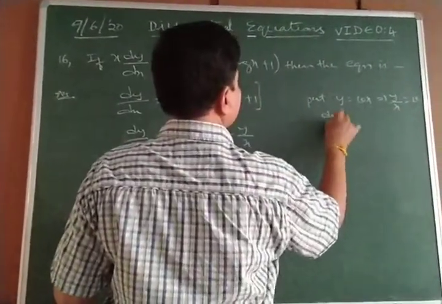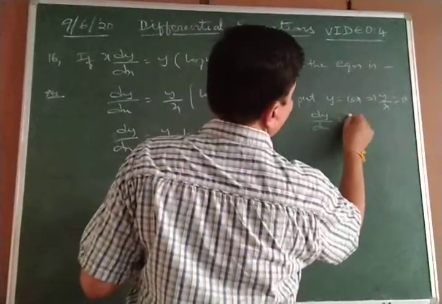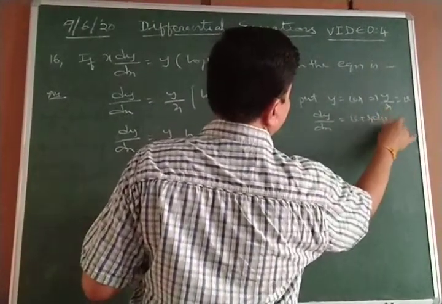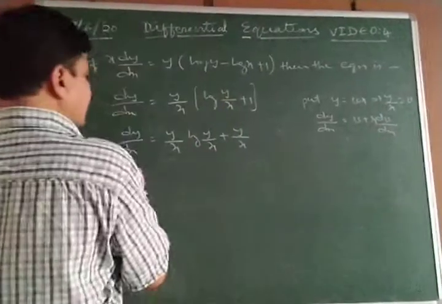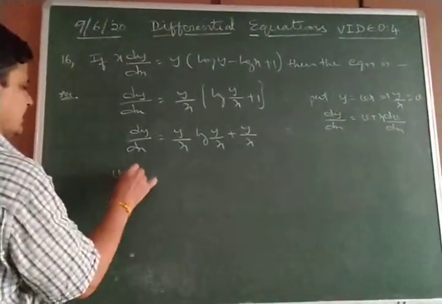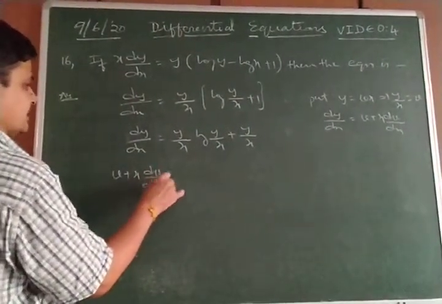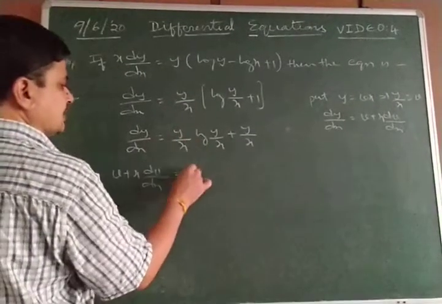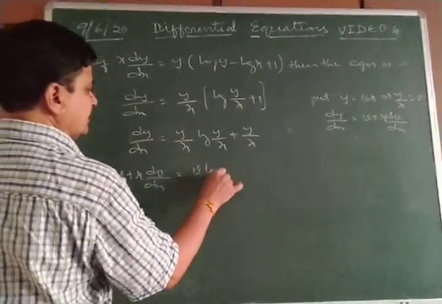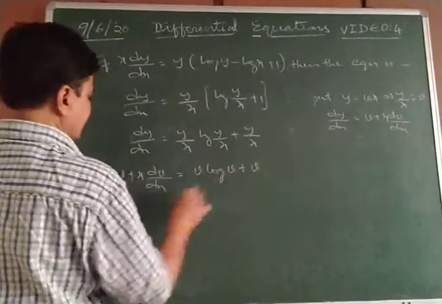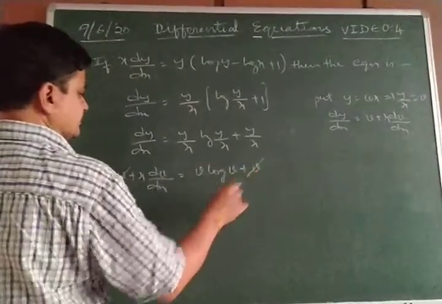Applying the derivative on both sides, dy/dx = v + x dv/dx. Now dy/dx means v + x dv/dx, which is equal to, with y/x meaning v, v log v + v. Now cancel v on both sides.